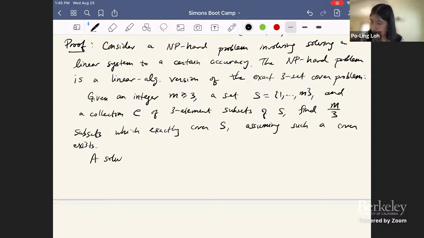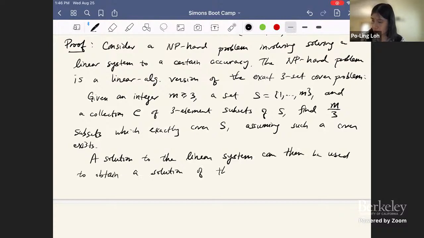First I'm going to use words and then I'll state things a little bit more explicitly. So a solution to the linear system can then be used to obtain a solution of the exact cover problem.